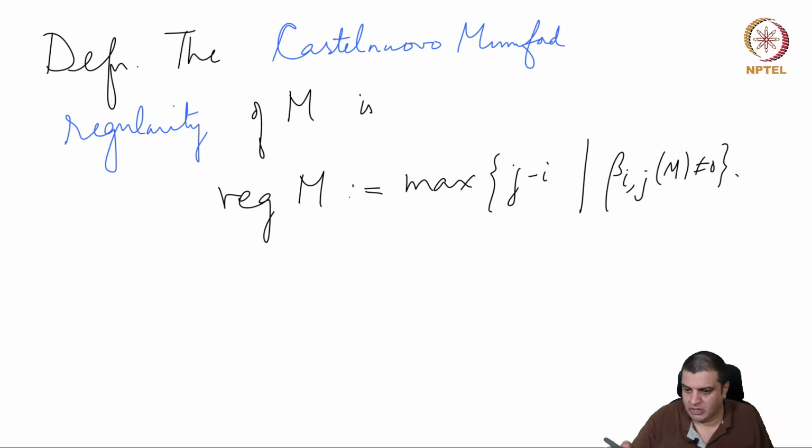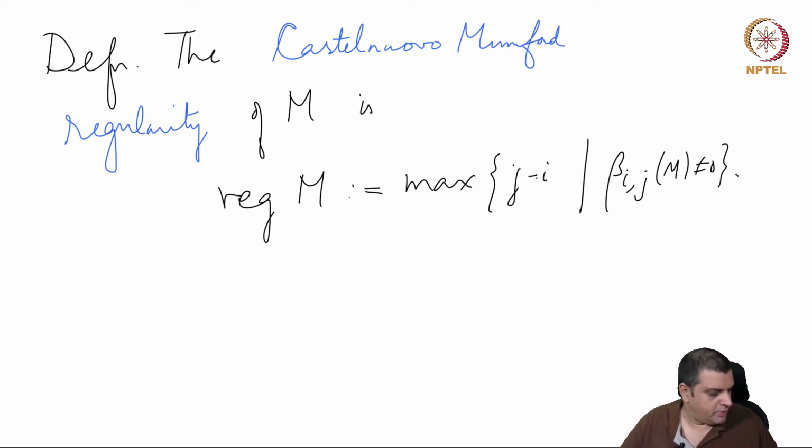Because it has a finite free resolution, for i greater than n, for every j this is 0, and in any case for a given i, there are only finitely many j where this is non-zero, so this maximum is indeed a maximum.